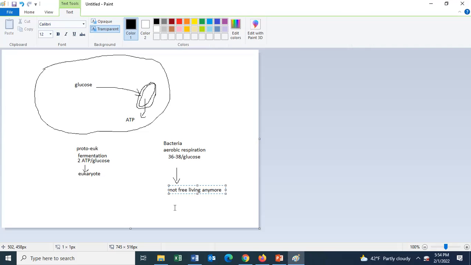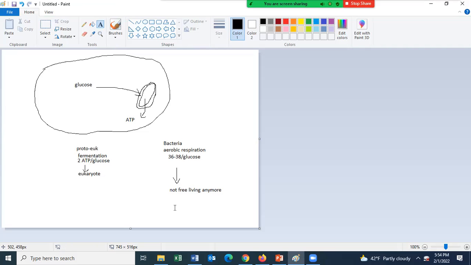This is how we believe that a eukaryote cell obtained its mitochondria. A long time ago, it engulfed a bacteria that could engage in aerobic respiration. It made the proto-eukaryote more ATP than the proto-eukaryote could make from glucose. And so the two started living together.